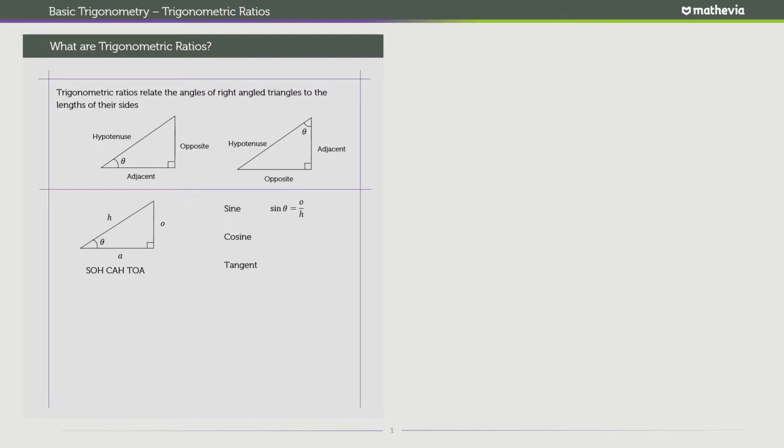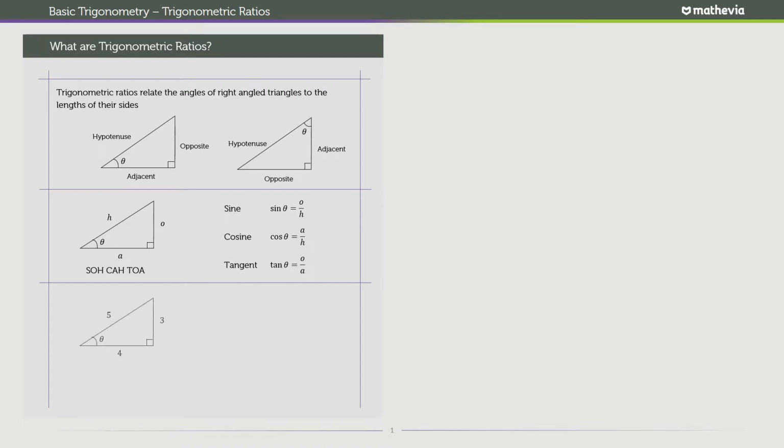Then similarly, cos theta is A over H, and then tan theta, TOA, is O over A, the opposite over your adjacent. And that's pretty much all you need to know.